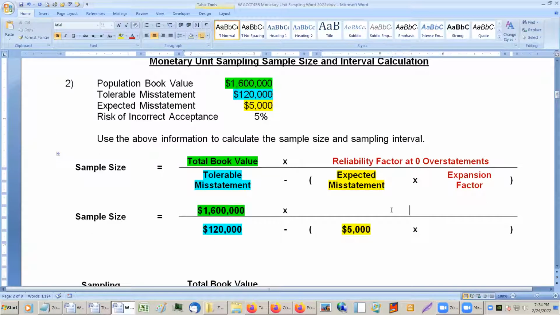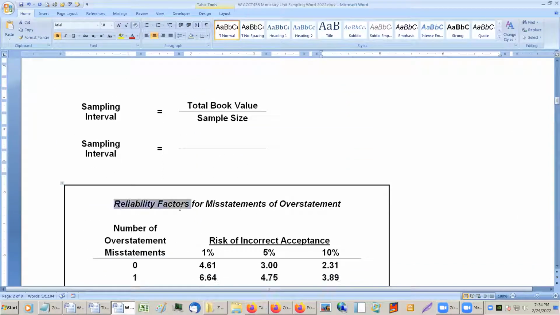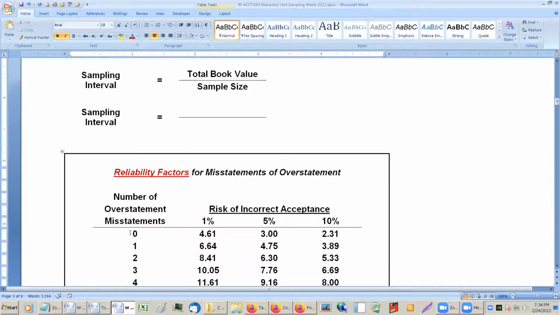Okay, so this top one, we're going to use a reliability factor at 0 misstatements. If you go down the page, we have our reliability factors, and we're going to go for 0 misstatements.